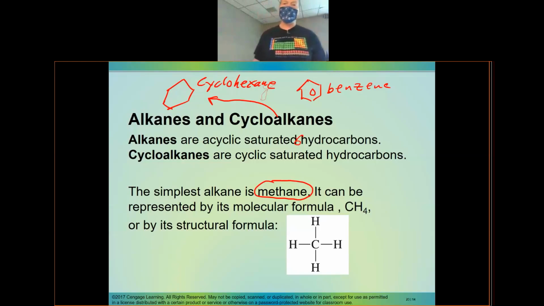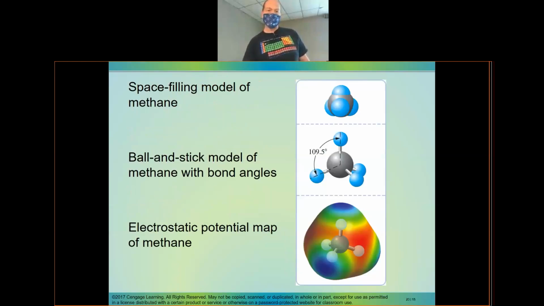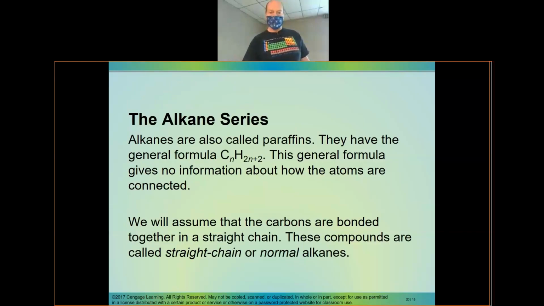Make sure that your benzene rings all have the alternating single double bonds or the circle. Your cyclohexane does not have anything in the ring, all single bonds. All right, so this is just showing your sp3, that's tetrahedral, bond angle 109.5.